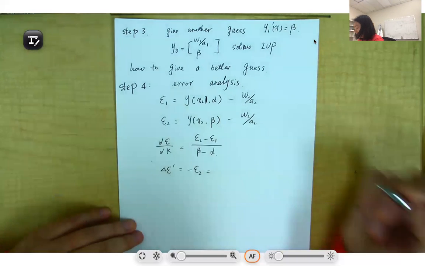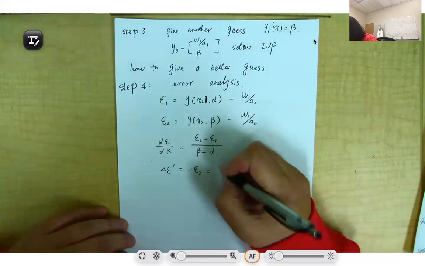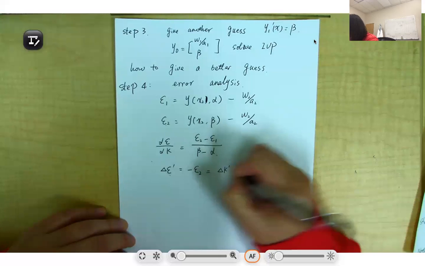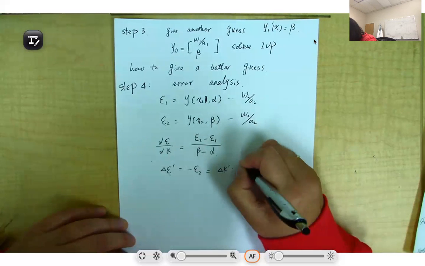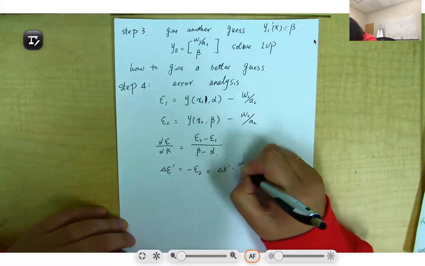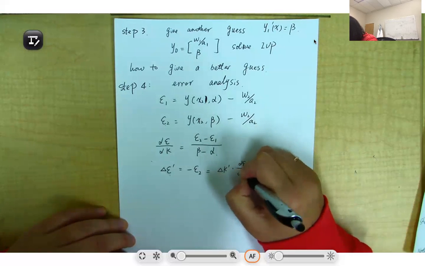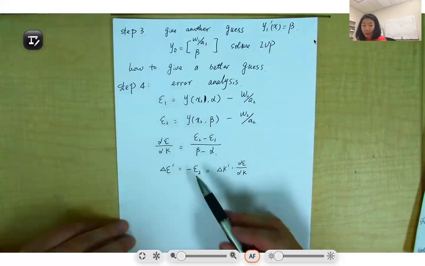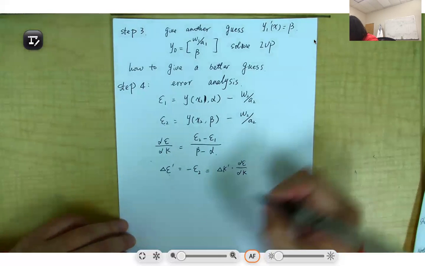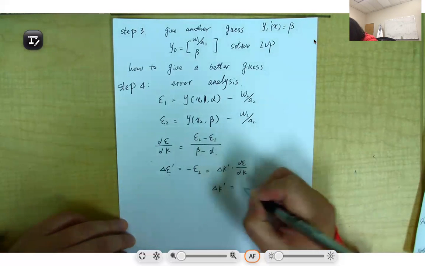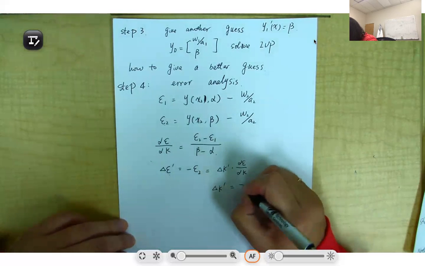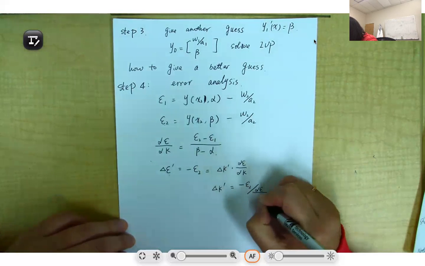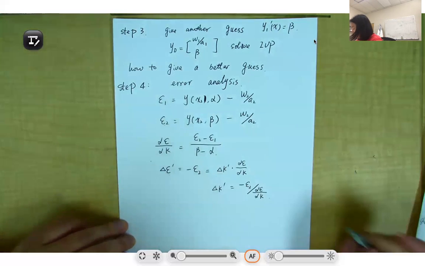And that will be equal to delta K prime times delta epsilon divided by delta K, okay? And that will be equal to whatever the second error is, but in the opposite way. Then delta K prime will be equal to negative epsilon 2 divided by d epsilon over dK, okay?